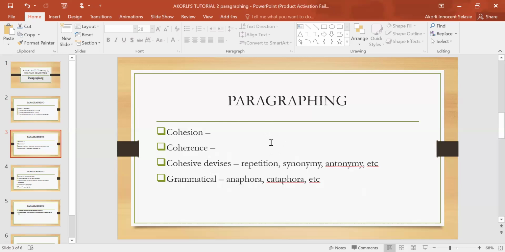You are using repetition. We are using antonyms to connect ideas.